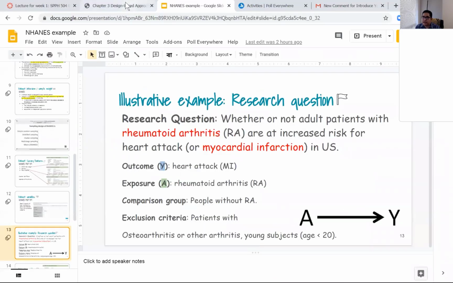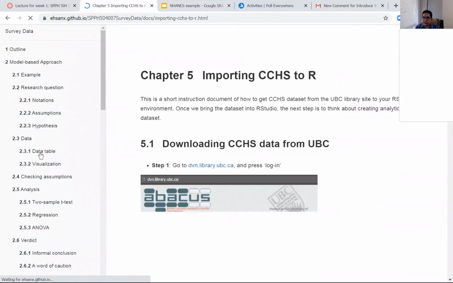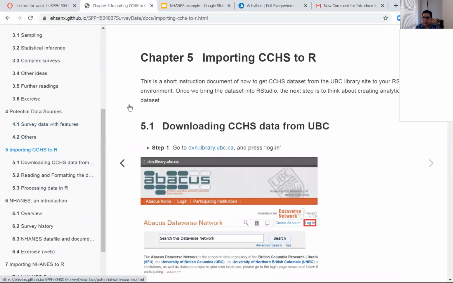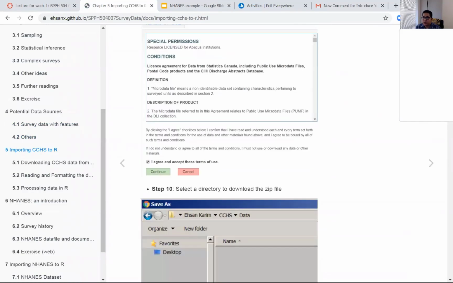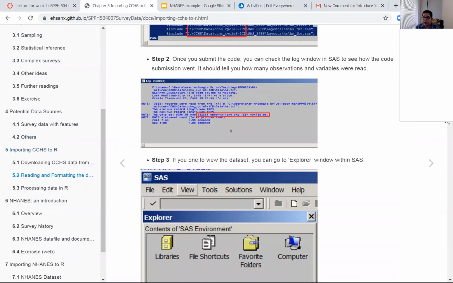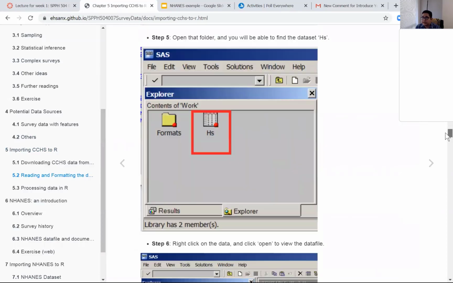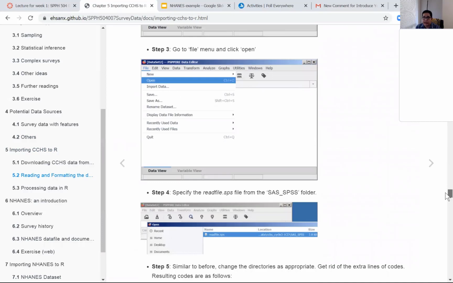So what I want you to do is that this is a very detailed documentation of the steps of how you can download a CCHS dataset from the UBC library.